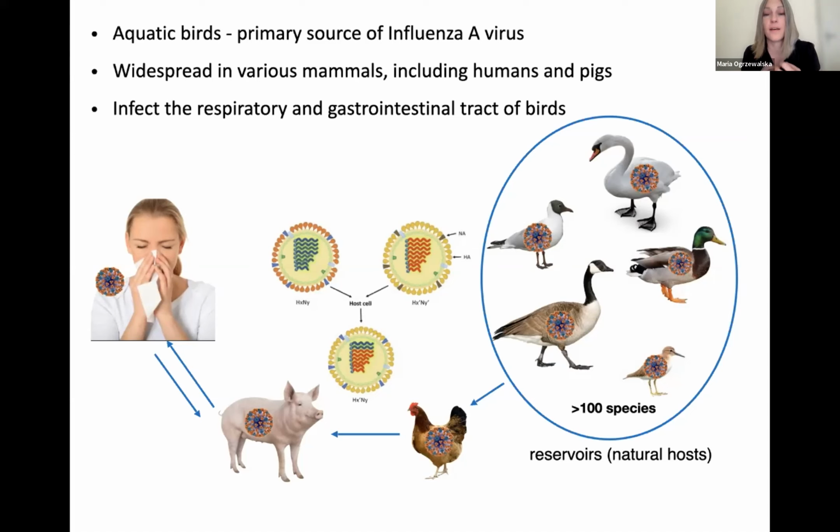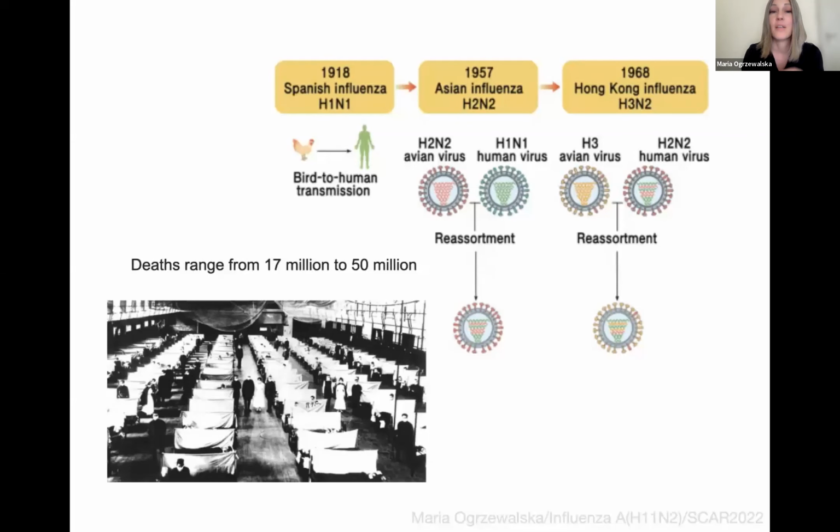This caused huge pandemics in the past: during the First World War, in 1918, we had the Spanish flu that caused millions of deaths. Then we had other pandemics, like Asian influenza and Hong Kong influenza, with hundreds of thousands of deaths. And it always happened that from wild bird populations, some subtypes of influenza entered the human population.